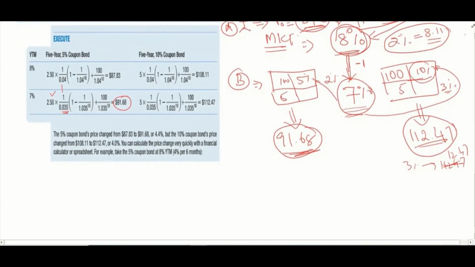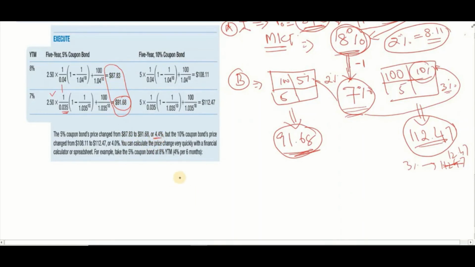So what is the difference? If you see the first price, the difference between 91 and 87 is about 4%, right?